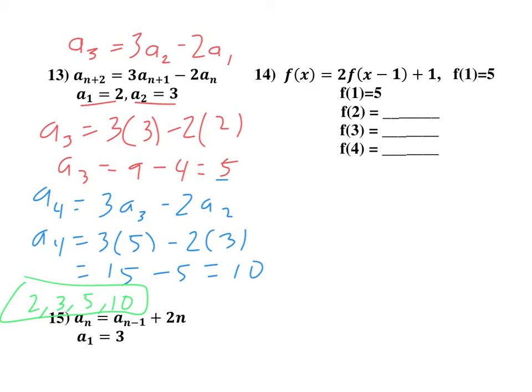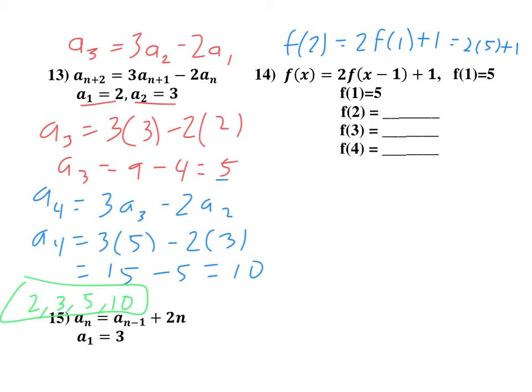Number 14 is in function form. This is actually not in sequence form, but it's kind of the same idea here. So what they're saying is f of 2 equals 2 times, and you can see this would be f of 1, plus 1. So if f of 1 is 5, and once again that's a given, then we know f of 2 is 2 times 5 plus 1.